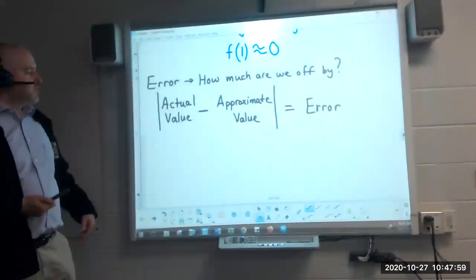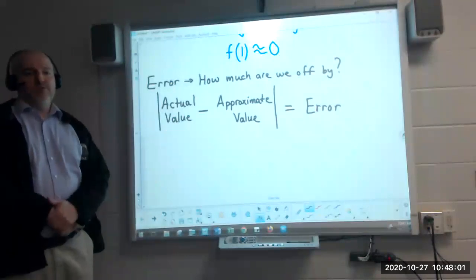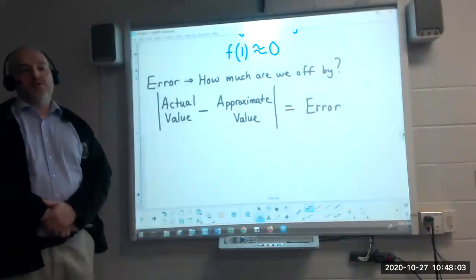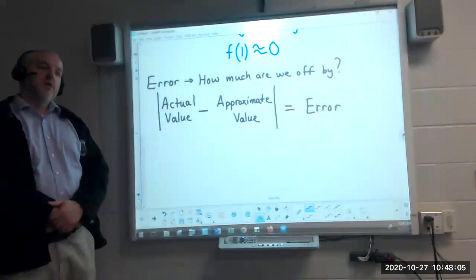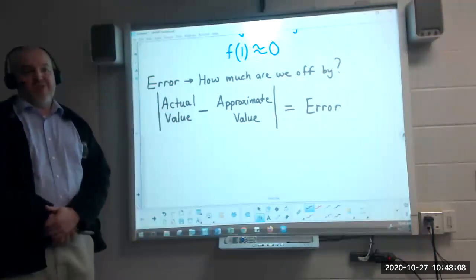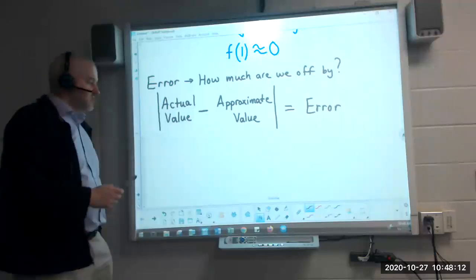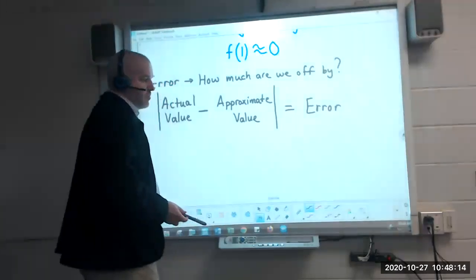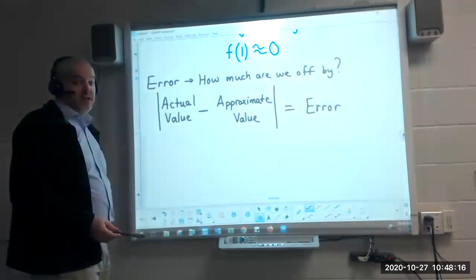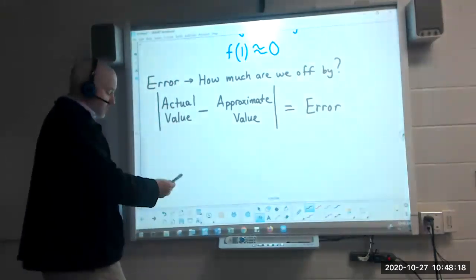Now, in the real world, you don't always have the actual value. We know pretty closely what the acceleration due to gravity is. We know pretty closely what specific measurements ought to be, so we can do this, but we don't always have this. But in the world of math, because we're approximating values and we have the technology to do it, we can do this kind of thing.